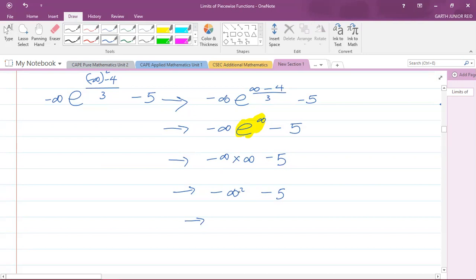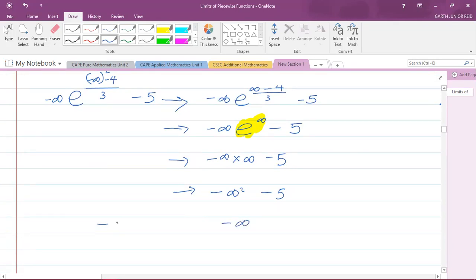Infinity squared is infinity. If I have a large number and I square it, it's still going to be a large number. But I have a negative in front, so I'm going to have a large negative number minus 5, which is going to be a large negative number. So it's going to be negative infinity.